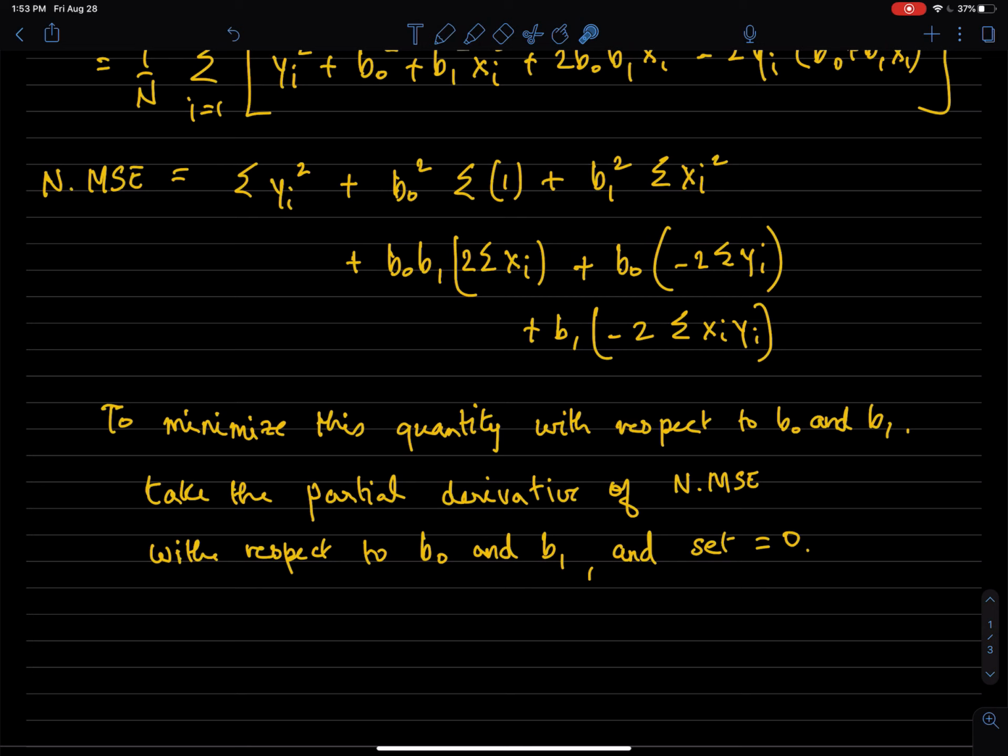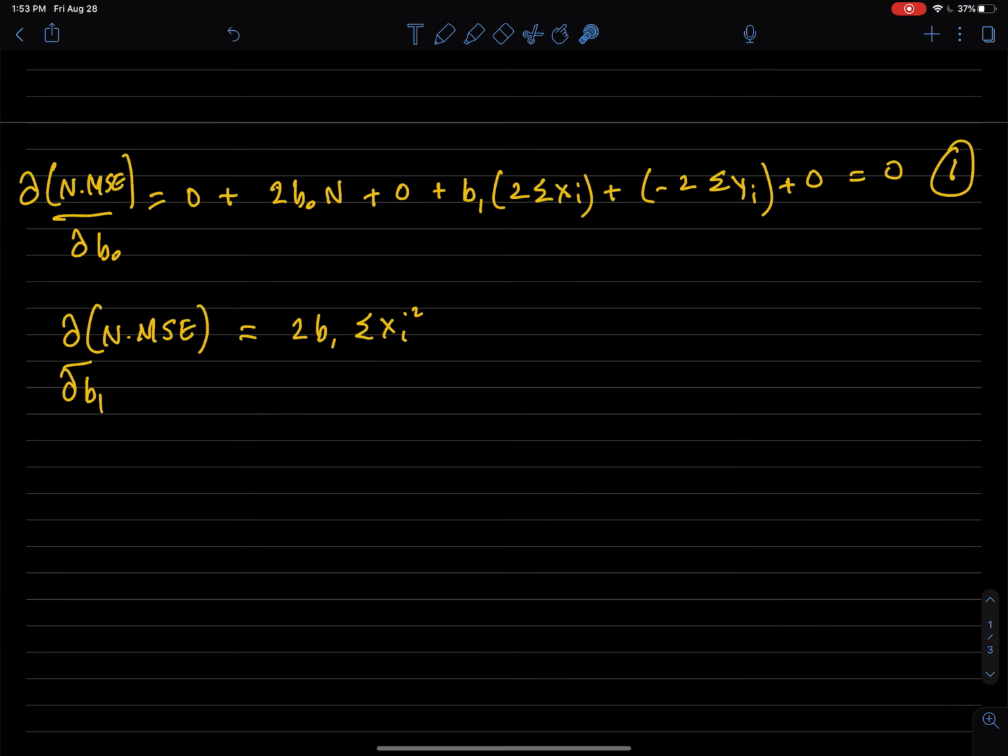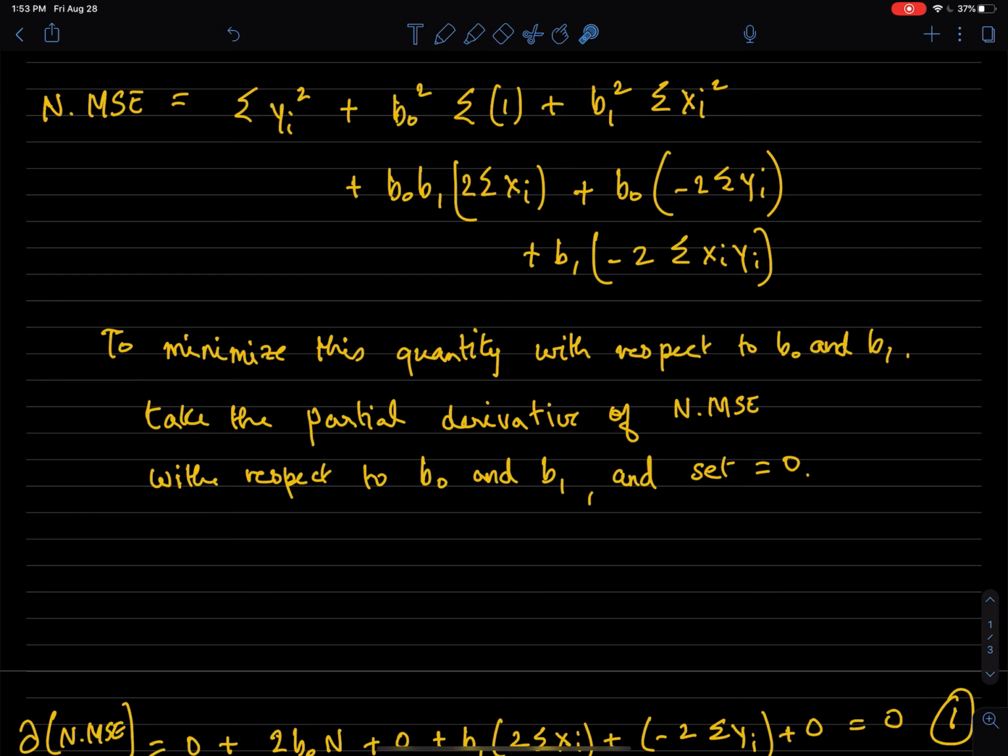Here, b naught 2 summation xy. And then here, this of course gives you 0, and this gives you this quantity.